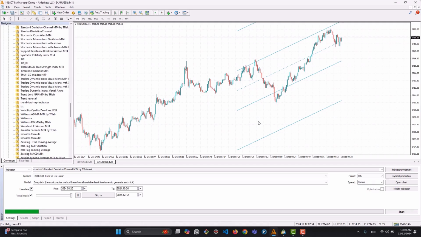Determine and specify. Let's watch a live test of this indicator on the MetaTrader 4 platform.